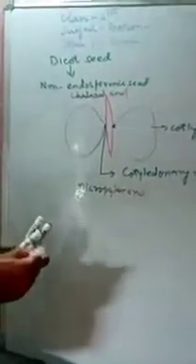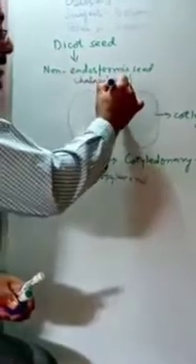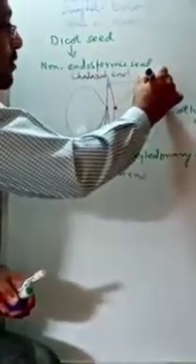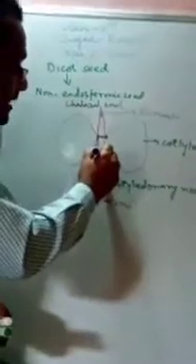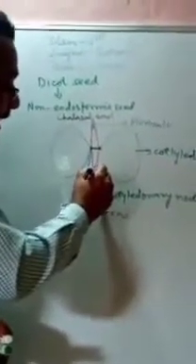The part towards the micropylar end, this part, is called the plumule. The part towards the other end, this end, is called the radicle.